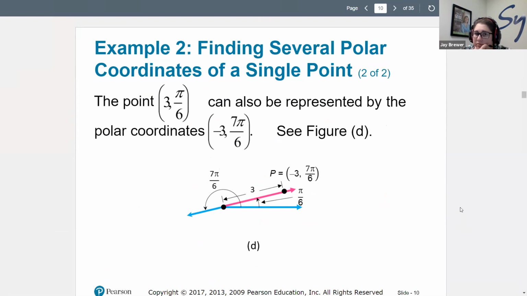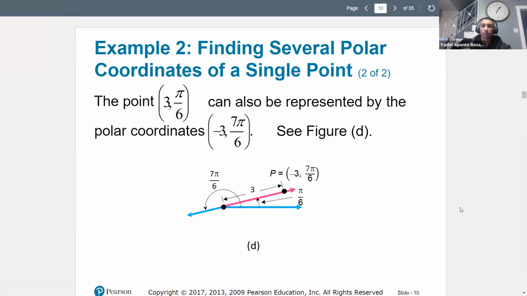Okay, so if we look at figure D, why is this figure important? What's it showing you? I think that if the radius is negative or positive, it's still the same. Yeah, so it's still the same ray.